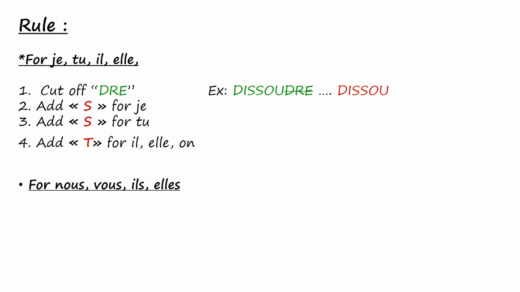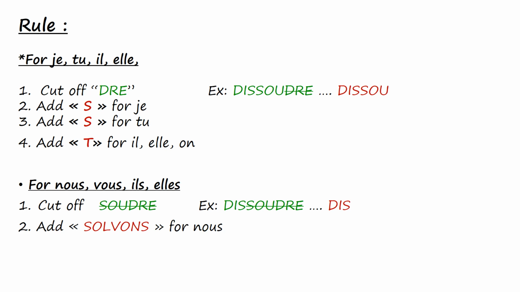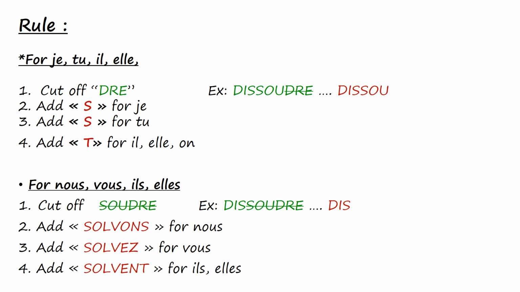For nous, vous, ils, elles plural, we remove the ending SOUDRE and with the radical D-I-S, which is very short, but this time the ending is too big. We add S-O-L-V-O-N-S. According to the subject, you will add the ending solvons, solvez, solvent.